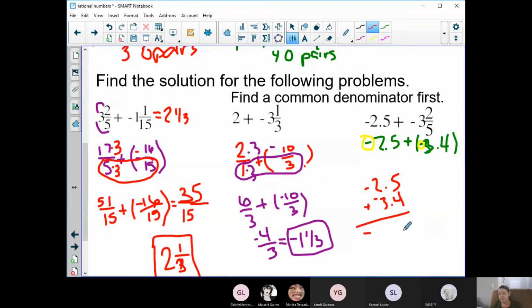I know my answer is going to be negative because both of my addends are negative. 5 plus 4 is 9. 2 plus 3 is 5. So my answer is negative 5.9. Any questions about that one?